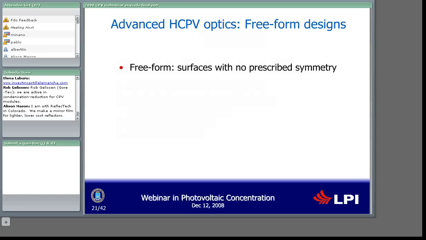Well, the most advanced optics at present for concentration photovoltaics are based on what are called free-form optical surfaces, which are surfaces in which you don't force the classical rotational symmetry or linear symmetry, and they have no prescribed symmetry.